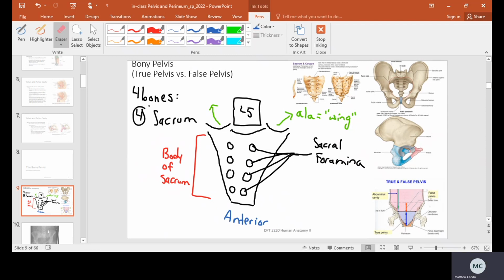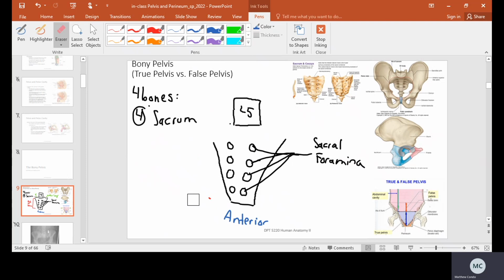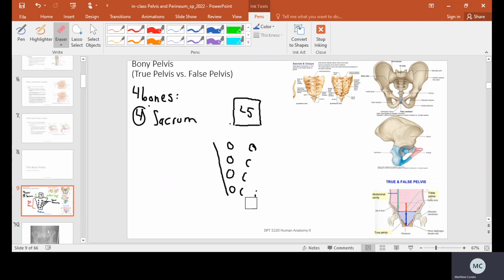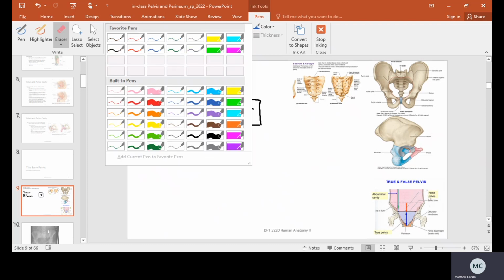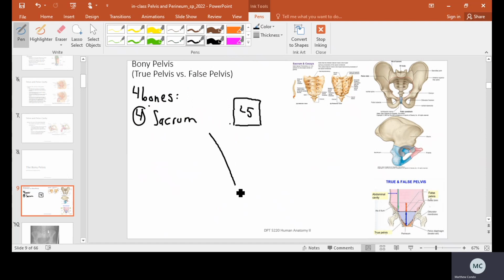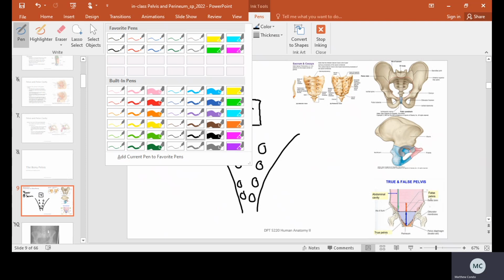All right. So from a posterior side, it's going to look very, very similar to the anterior side. So those holes are just going to represent the foramina again. Okay, so now this is my posterior side.